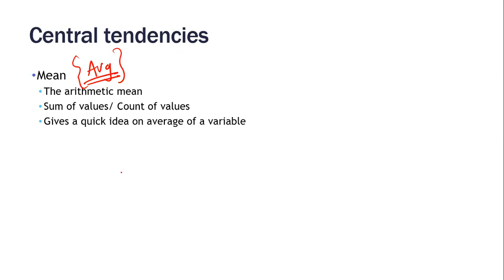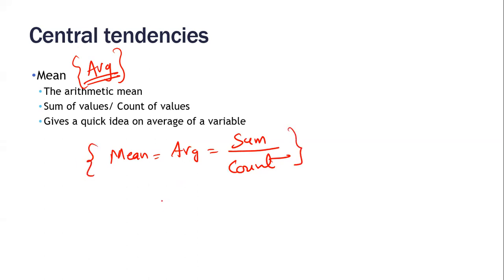So mean or the average equals sum divided by count. That's how you calculate. Mean will tell us what is the average value or the center value. I think we don't need to really discuss in depth about mean. Most of you have already used mean.